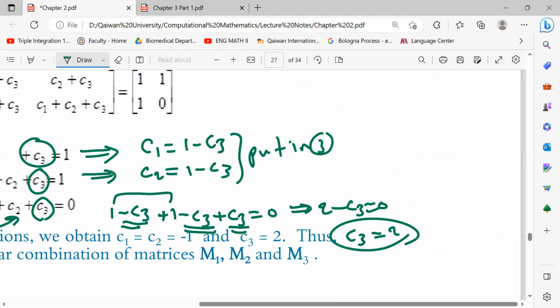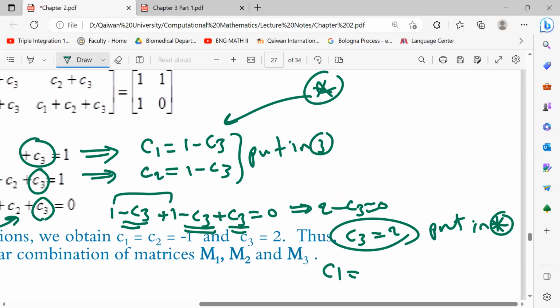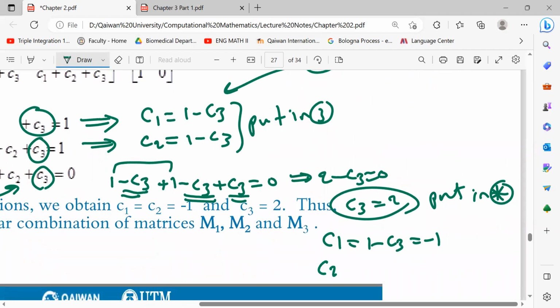And also, even from these two equations, let's name this star. What do we get? C1 is 1 minus C3, which is minus 1. C2 is 1 minus C3, which is minus 1.